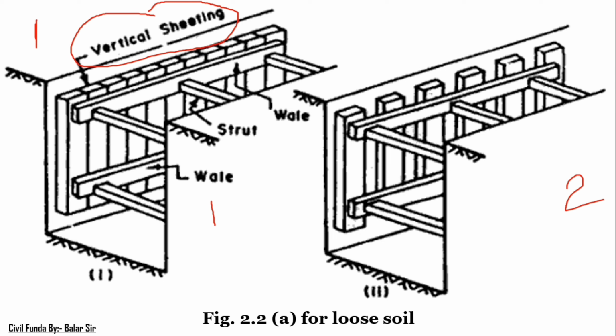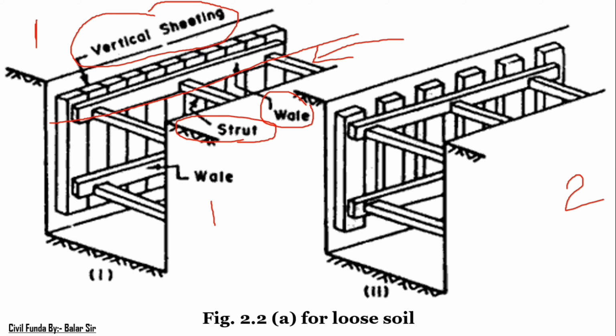Then I provide the horizontal component, and that horizontal component is known as the wale, or whale, you can use any pronunciation. Next, that wale will be fixed with the help of a longitudinal component, and that longitudinal component is represented as the strut.